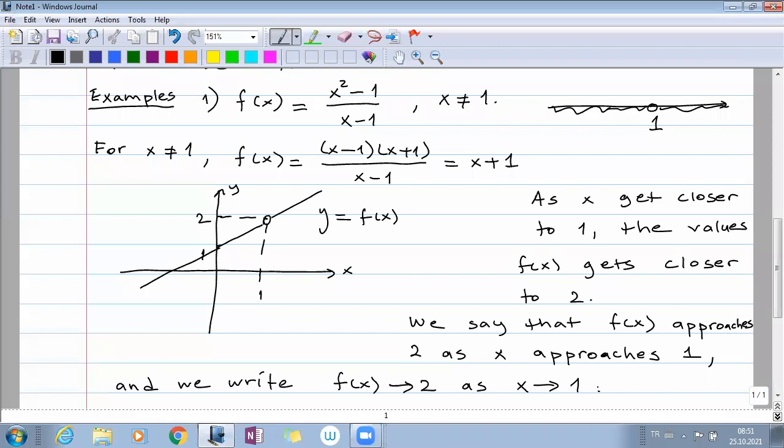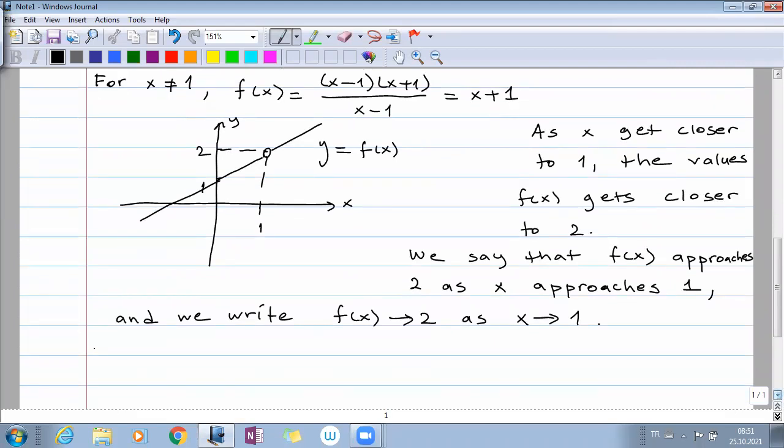So we say that this function, although it is not defined at x equals 1, it has a limit at x equals 1, and the limit is 2. So the limit of f of x at x equals 1 is 2.